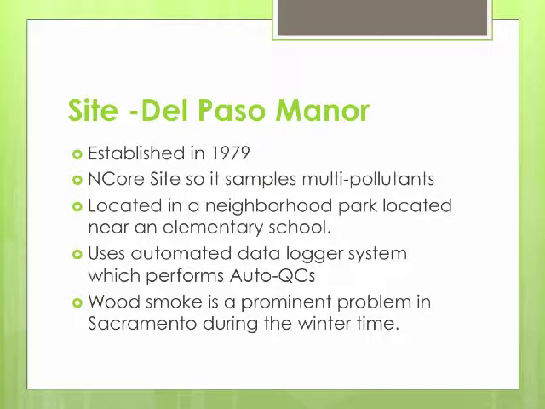It's in a park near an elementary school, and it uses an automated data logger system like the one that Mark was describing earlier. And also an important piece of information to keep in mind for Sacramento is that wood smoke is a prominent problem during the winter time. And when's the winter time? We consider that as November through the end of February.